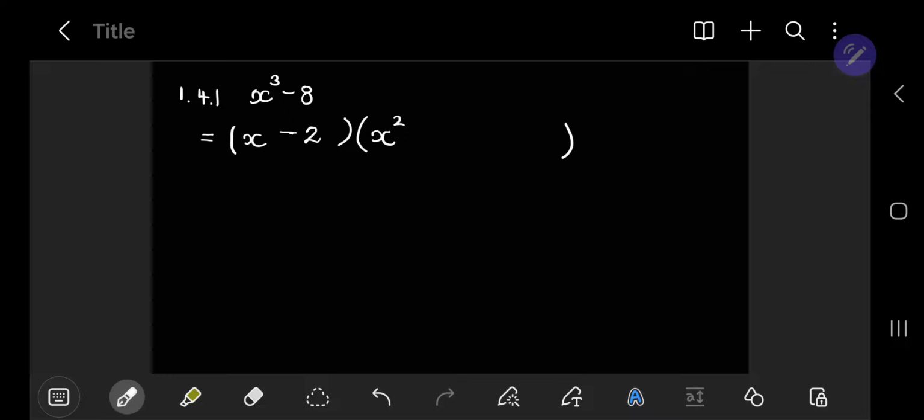So firstly, x times negative 2 would be negative 2x, but we use it as a positive 2x. To get the third term of the trinomial, we square the second term of the binomial. So negative 2 times negative 2 is positive 4. And this is how we factorize difference of 2 cubes.